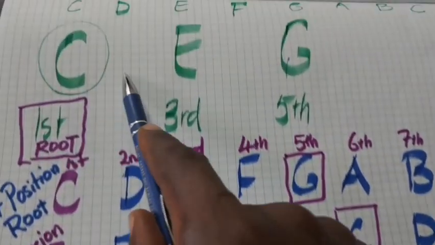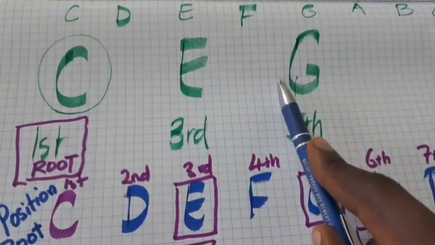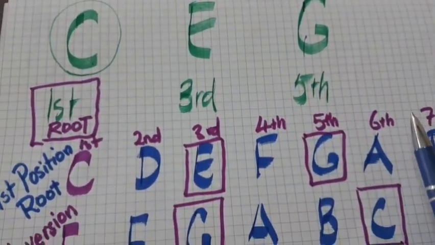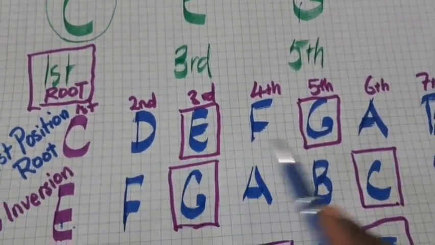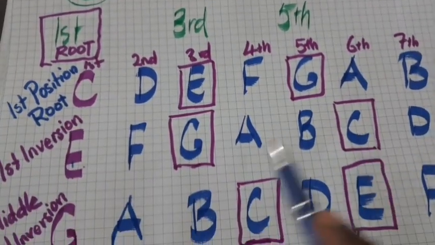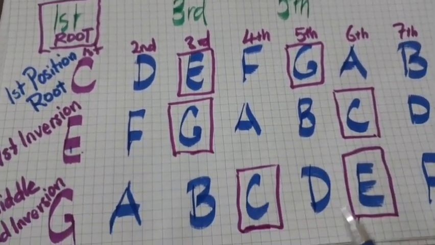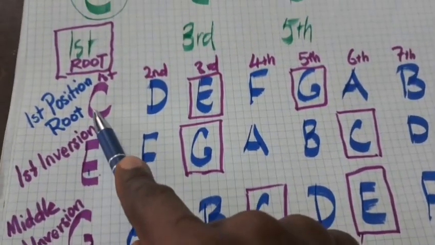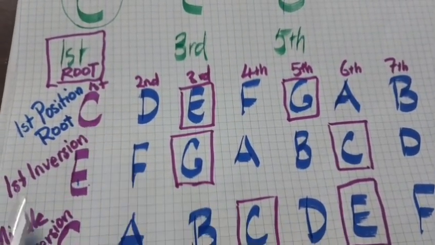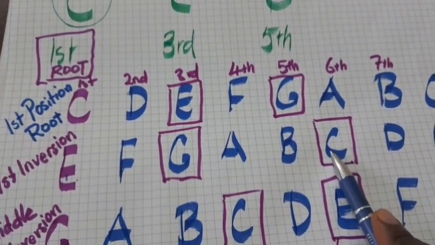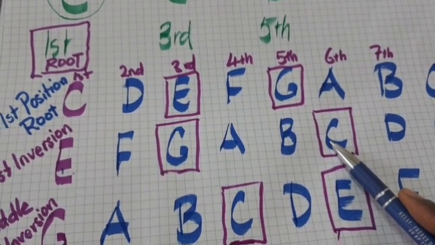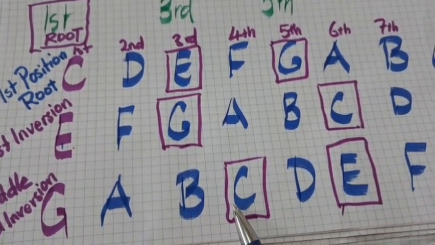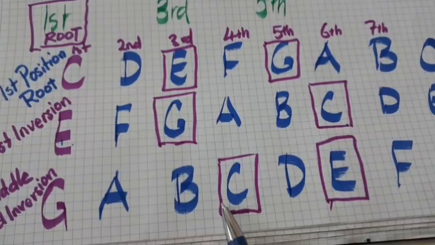The combination is still C, E, and G, but in different positions. Here, C is in the root, here C is in the last position, and here C is in the middle.